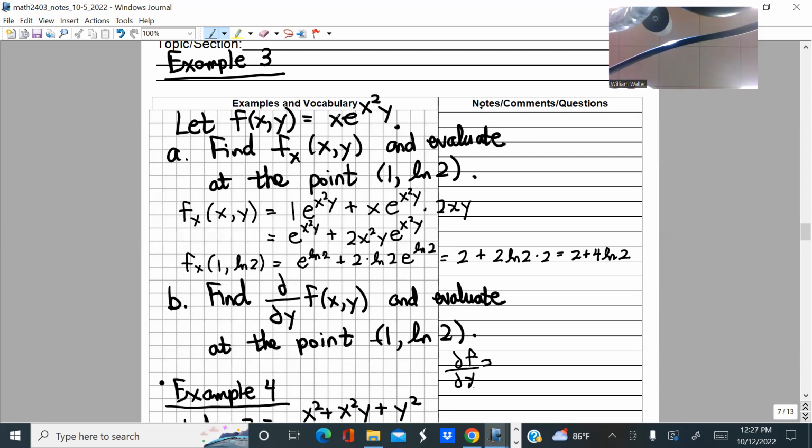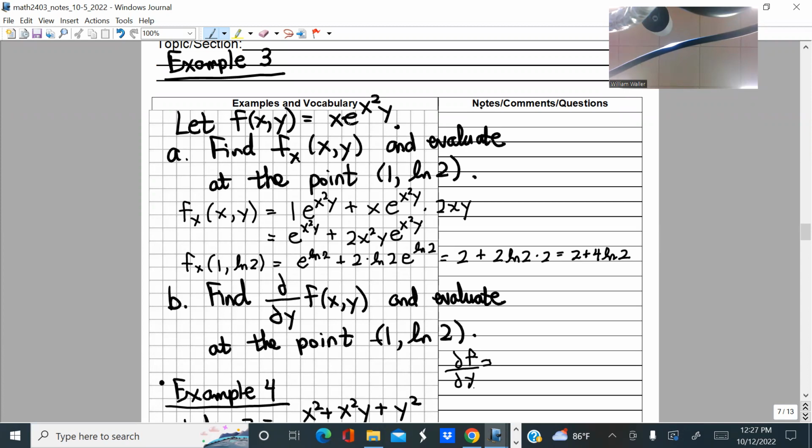So what is this function really reduced to? It's really just e to the y, because x squared is just going to be a number, and the x there is just going to be a number. So this is very similar to just e to the y.